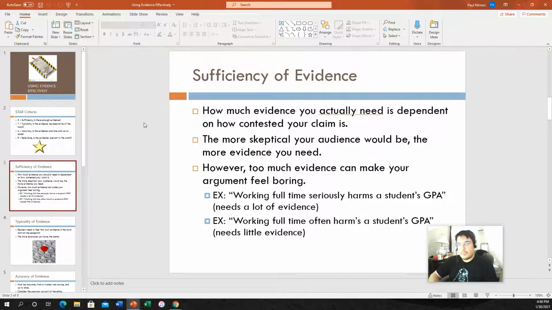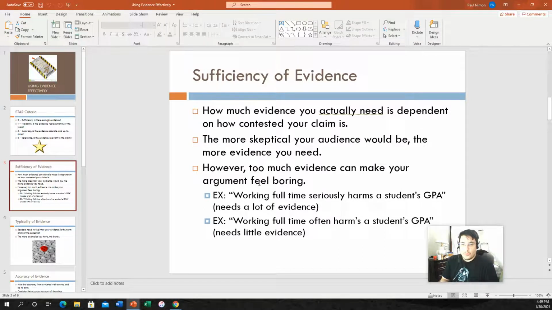The more skeptical your audience, the more evidence you're going to need. If you're arguing with a conspiracy theorist, first of all, good luck to you. But if you're arguing with a conspiracy theorist, you're going to need a lot of evidence to prove your case. Okay. And even then, it might not be enough. But as this slide points out, please be careful that you don't overload your argument and use too much logos or too much ethos.